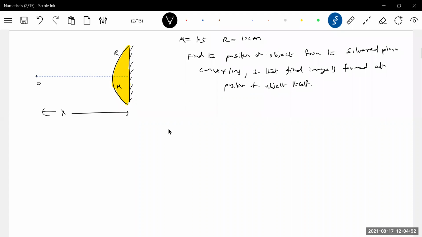No, plane surface is silvered. I want students' approach. Let's see how you manage this question.